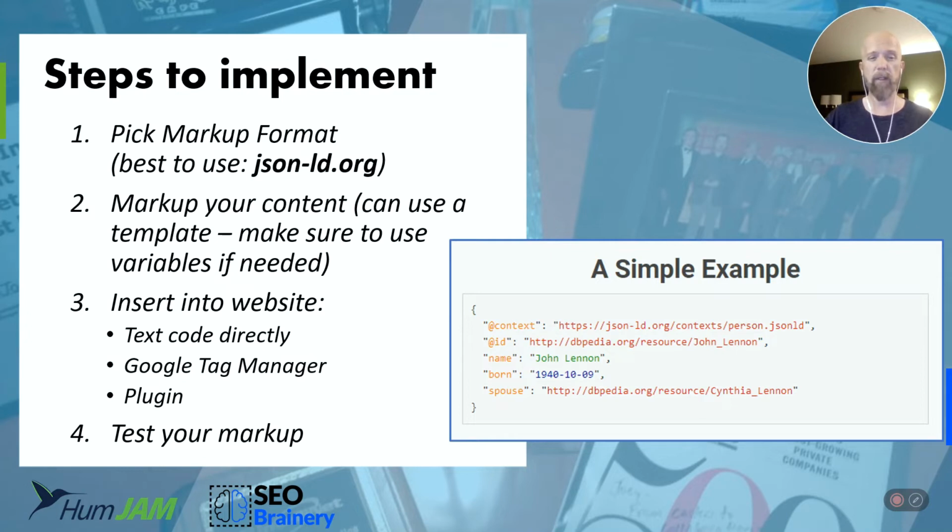Now, the way that you insert it into the website is you could copy the code directly into your scripts, just like any scripts that you insert into your website. With Google Tag Manager, if you're separated out from your dev team, you can add the scripts that way, or use a plugin. A plugin is real easy to do. I actually use another thing, which is basically Insert Headers, where I insert everything, and that's the demo I'm going to go with, and then test your markup.